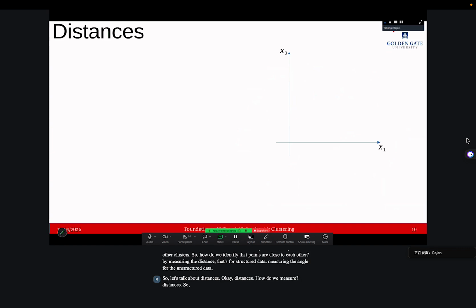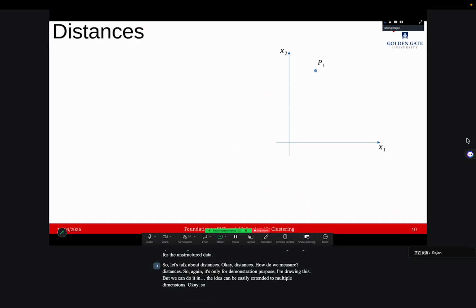Again, it's only for demonstration purpose I am drawing this, but the idea can be easily extended to multiple dimensions. Let's consider a data point P1 with a vector value of x11, x12. This has x11 for the x1 axis, x12 for the x2 axis.